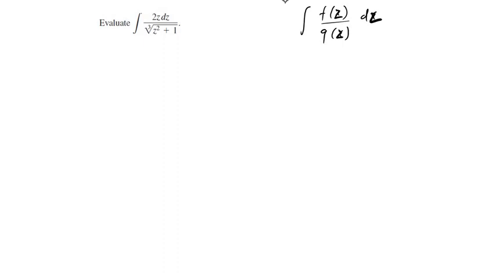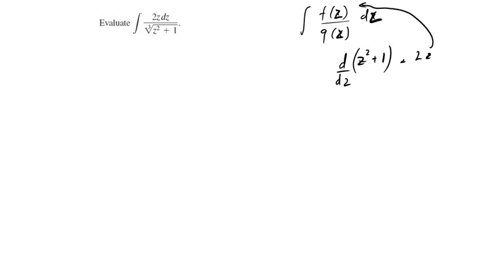But if you investigate it closely enough, we see that if we take d over dz of z squared plus 1, it is equal to 2z. That's the differentiation of this function. And we see that 2z is f(x), because 2z is right here as well.